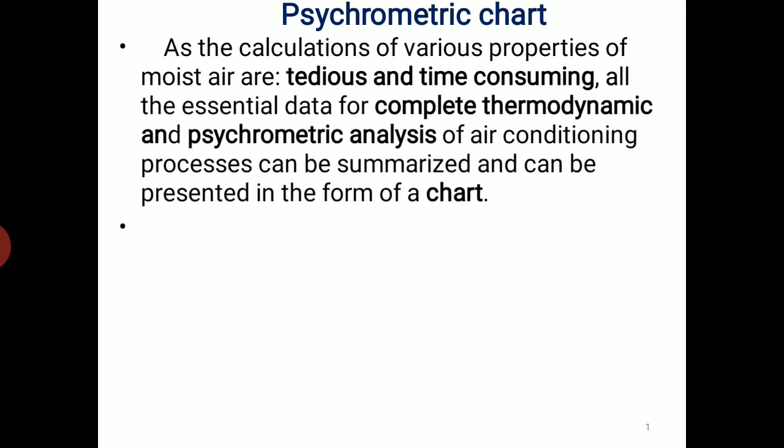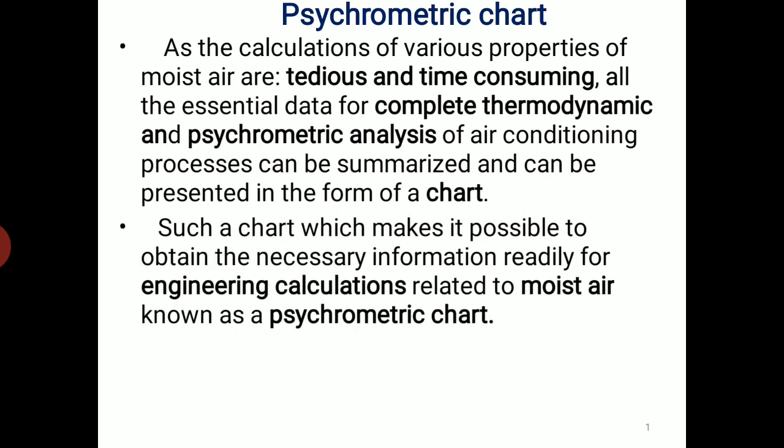It is used in order to reduce the calculations, where the calculations would be tedious and time consuming. Therefore this chart will save time. The complete thermodynamic and psychrometric analysis data for an air conditioning system can be summarized and presented in the form of a chart.